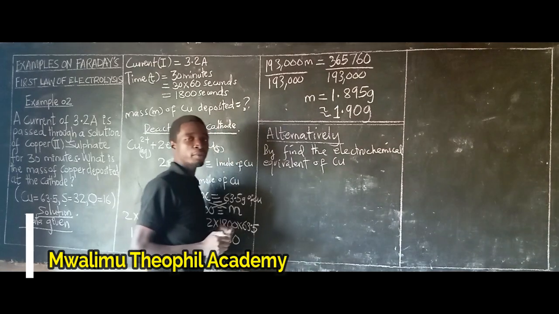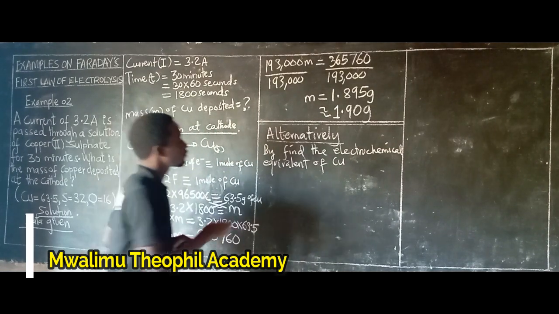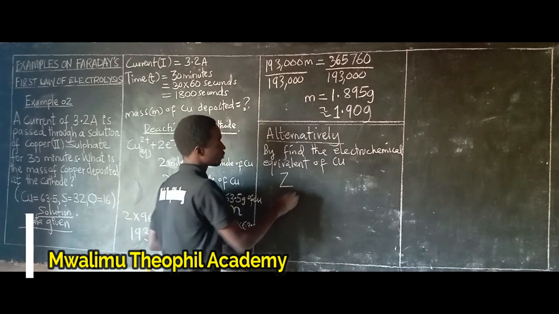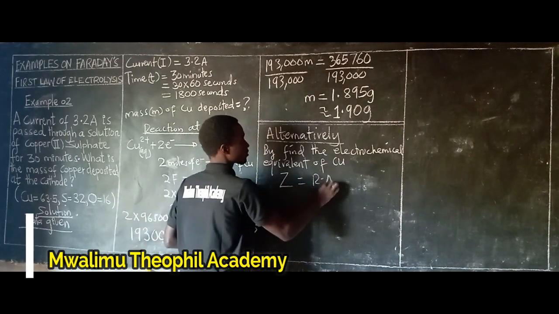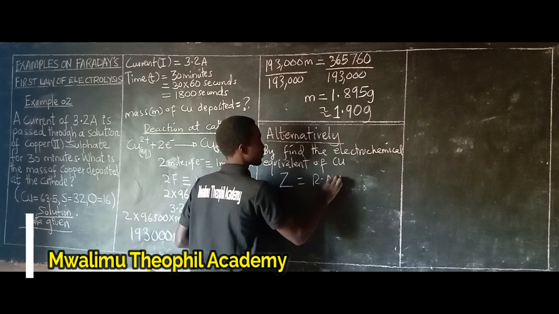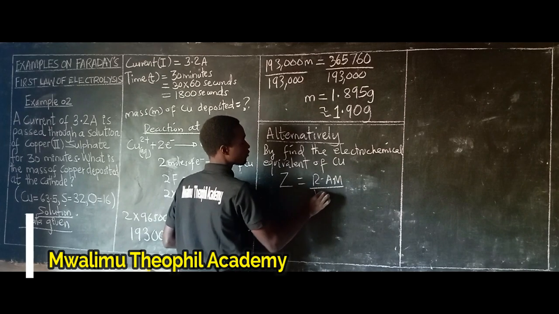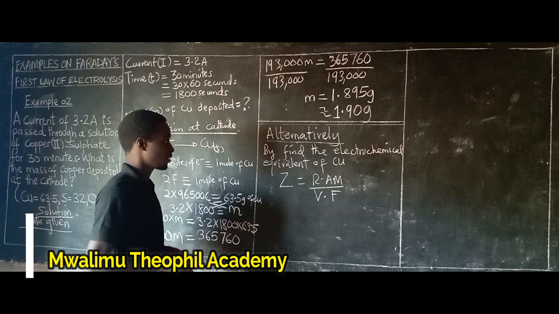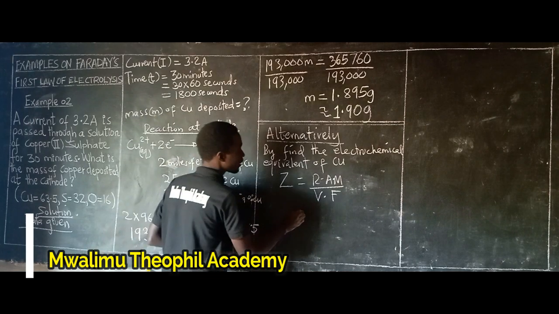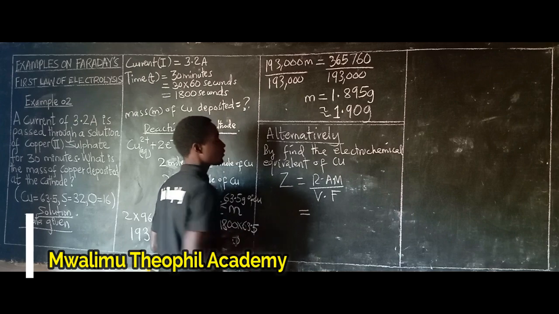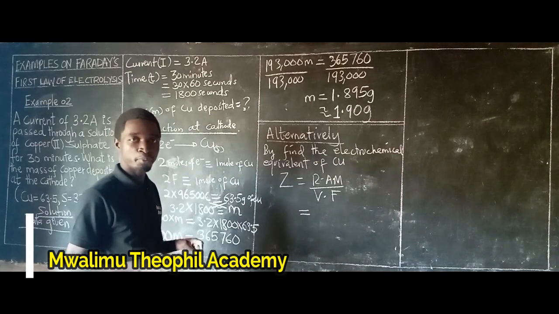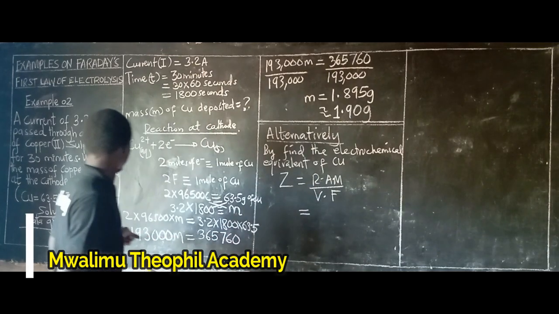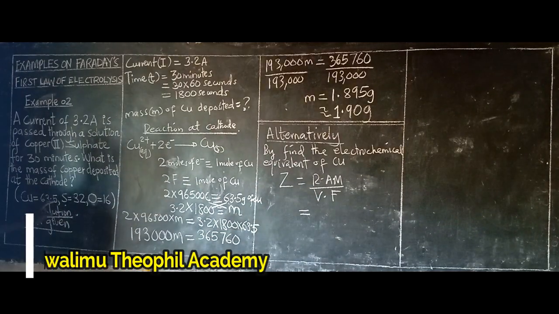I think you remember, we have said that the electrochemical equivalent is equal to relative atomic mass over the product of valence and Faraday's constant. Now let us see what element we are dealing with. We are dealing with copper. The relative atomic mass of copper is how much? We are given that it is 63.5.